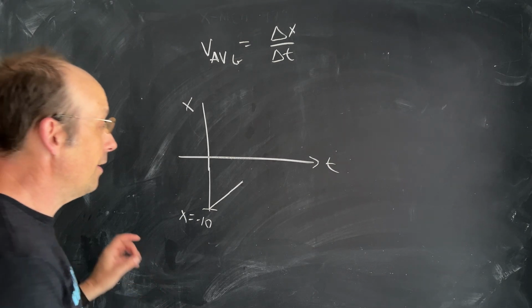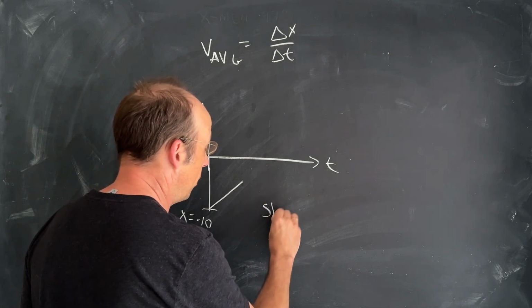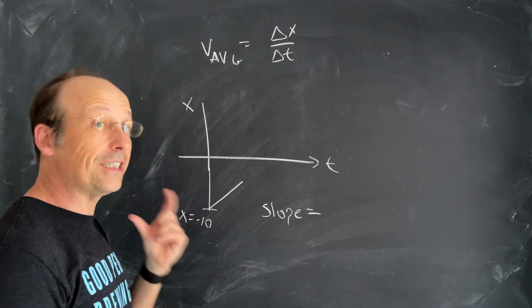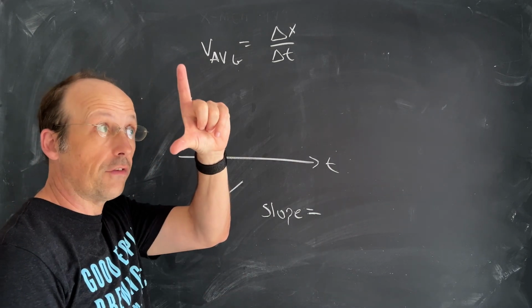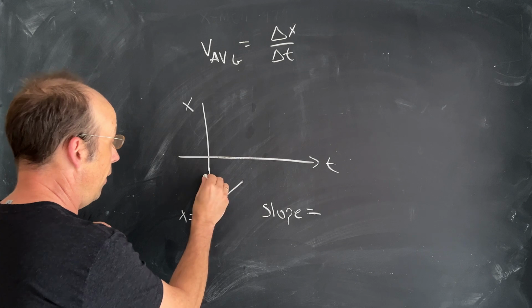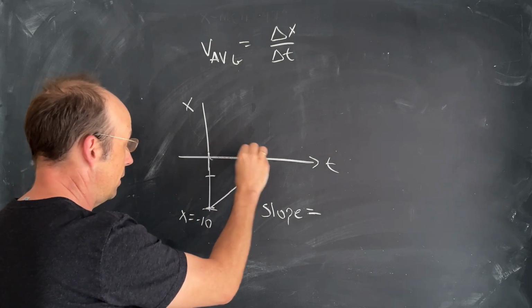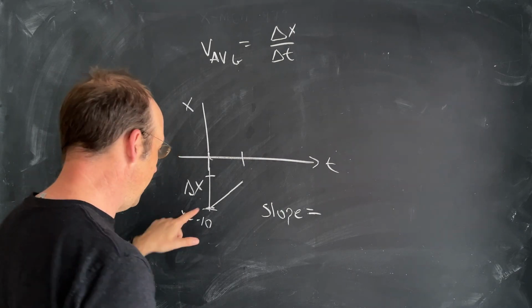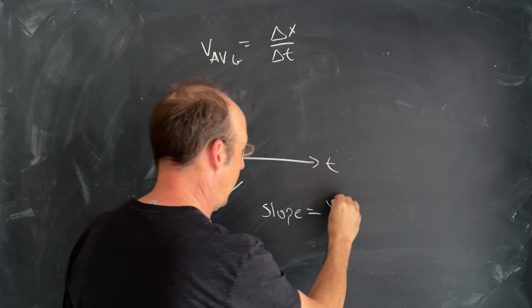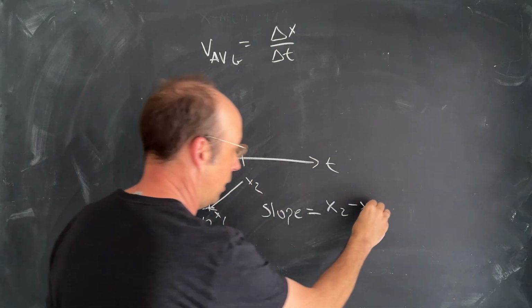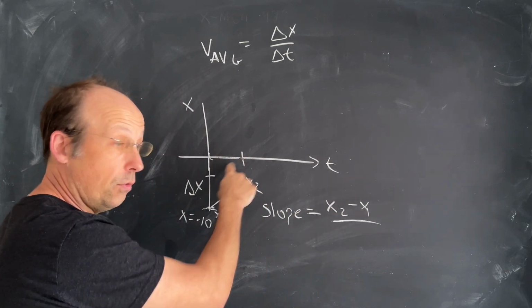Well, what if I find the slope? That's a straight line, and I can find the slope. So the slope is defined as the change in the vertical divided by the change in the horizontal. So that's this, that, this, that. And you'll notice here, that is delta x, right? It started there, it went there, so this is x2 minus x1 over t2 minus t1.